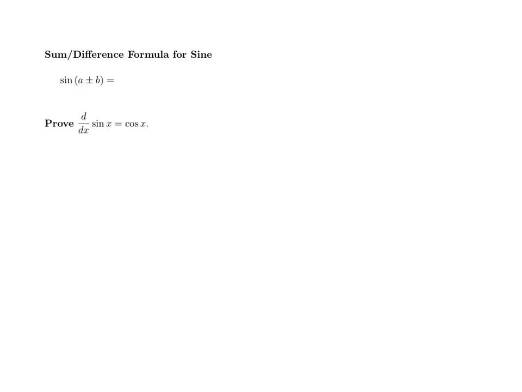And the rule says this is equal to sine of A times cosine of B plus or minus cosine of A times sine of B. Let's see where that shows up in the proof. So how do we prove that the derivative of sine is equal to cosine?